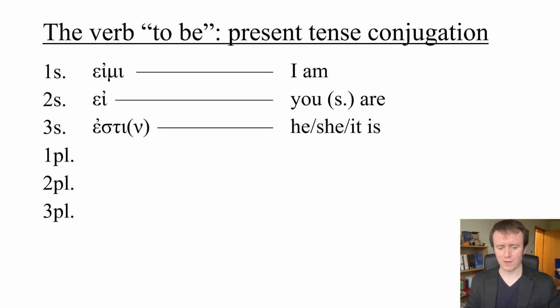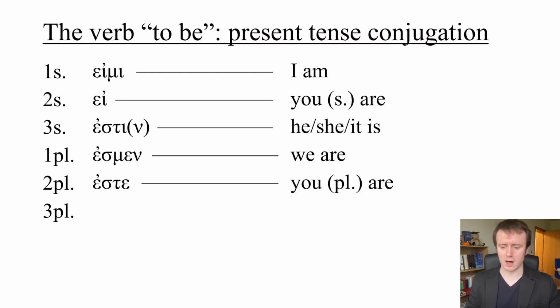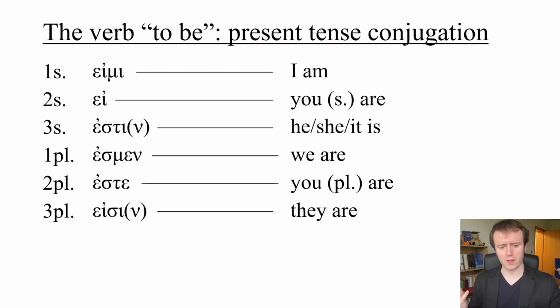The first person plural form is ἐσμέν, meaning we are. The second person plural form is ἐστέ, meaning you plural are. And finally, the third person plural form is εἰσίν, or without the movable nu, εἰσί, meaning they are. So here are the 6 forms of the verb to be in the present indicative in ancient Greek.